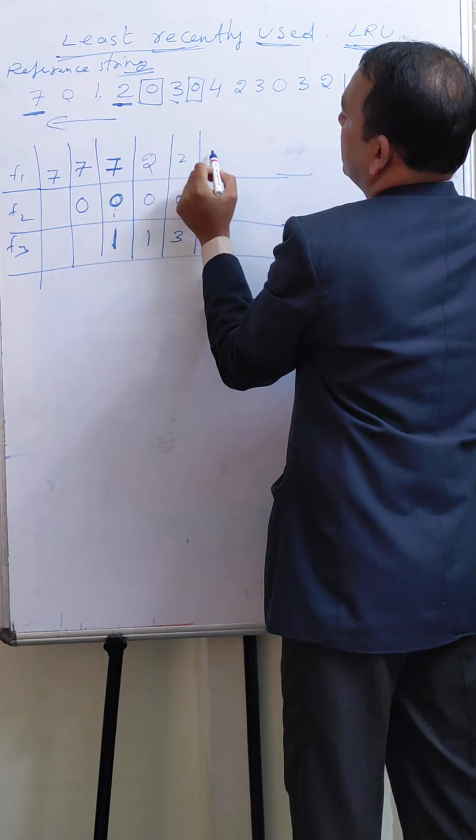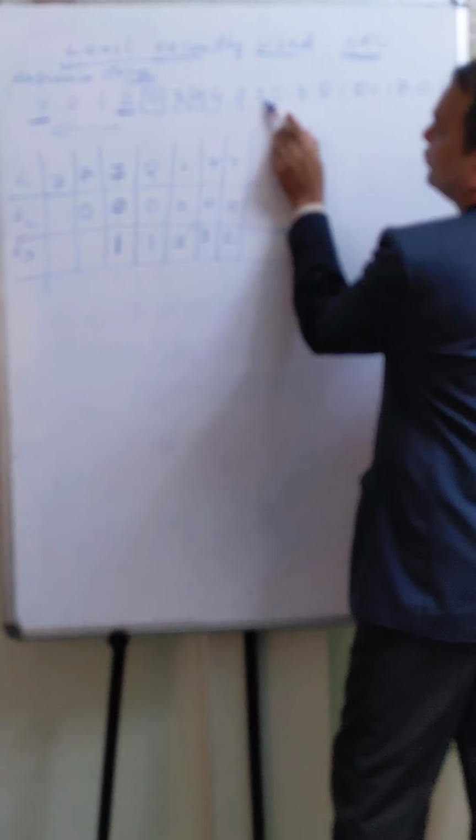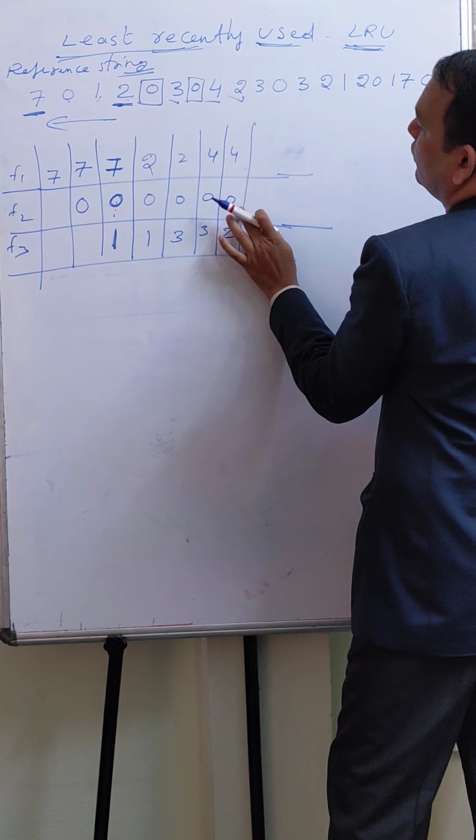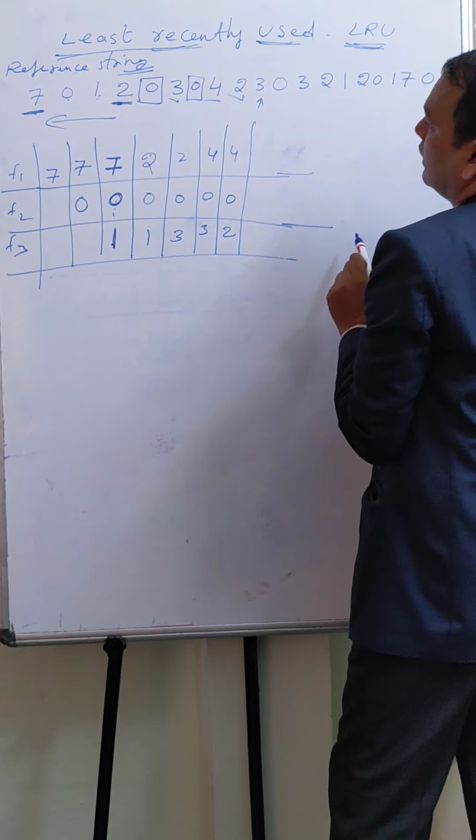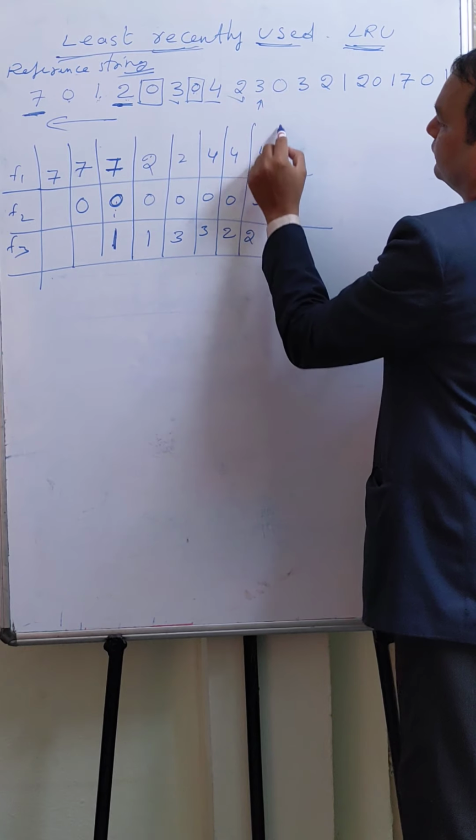Now 3 has come. How to replace? Among 4, 2 and 0, 0 is least recently used. So in place of 0 we put page 3: 3, 4, 2.